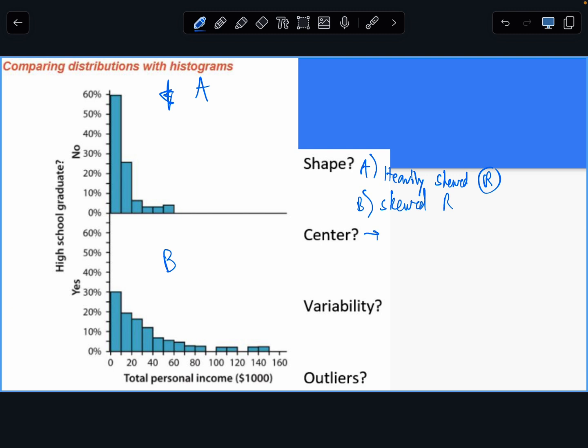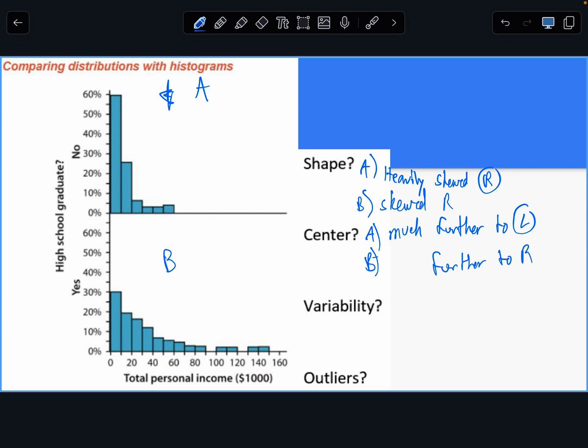Okay, the center. Again, we haven't learned the official way to calculate the center. If we looked at the literal center versus the peak, the center of A is much further to the left. The center for B is much further to the right.